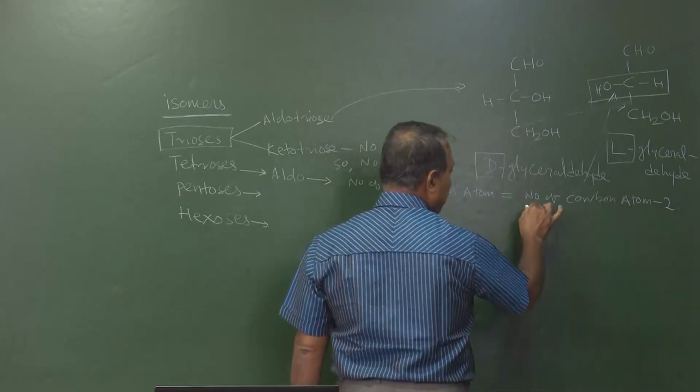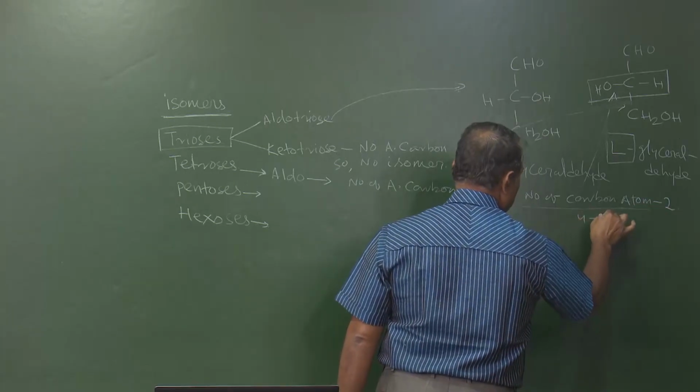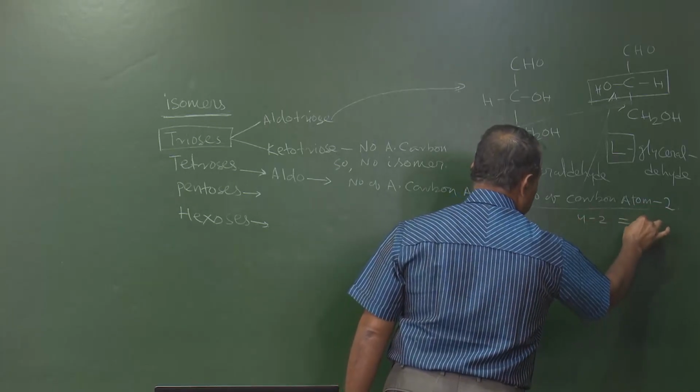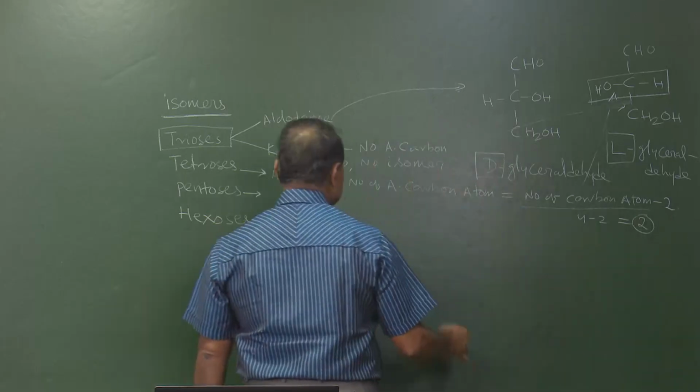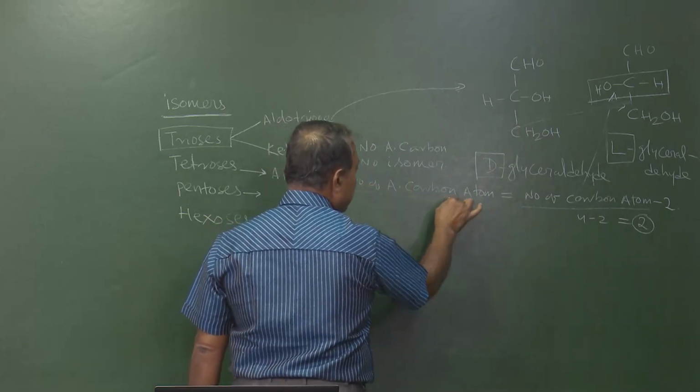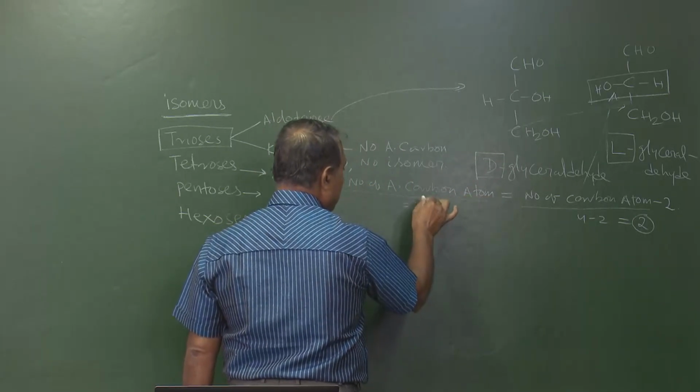So here the number of carbon atoms is 4, so 4 minus 2 is equal to 2.